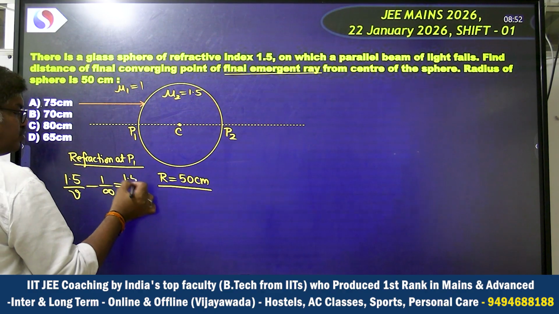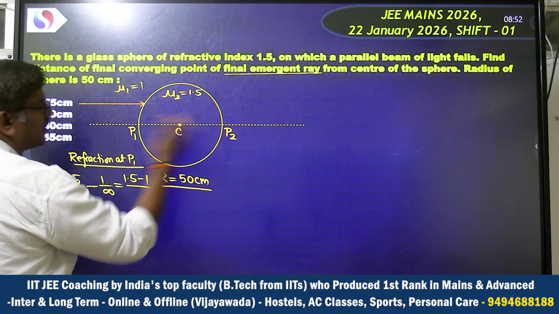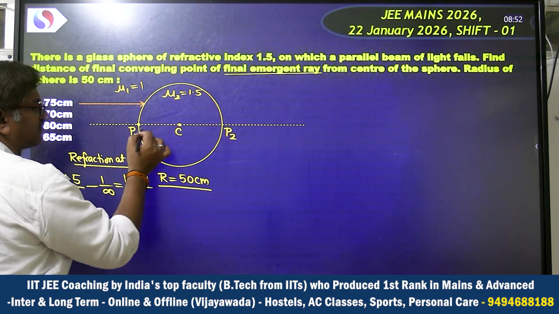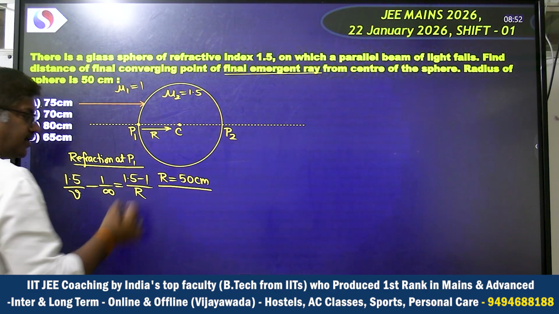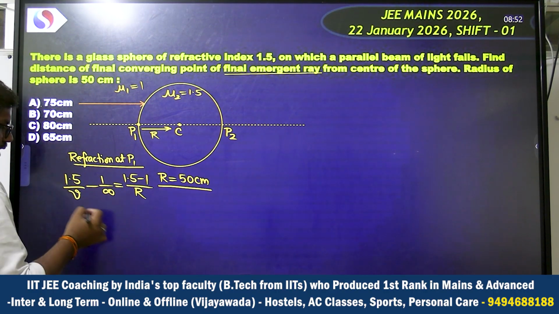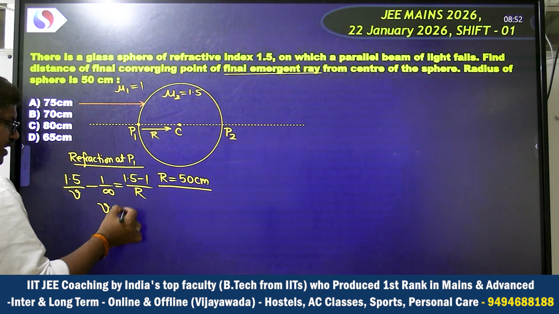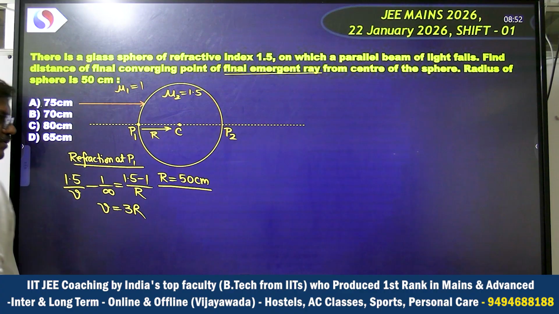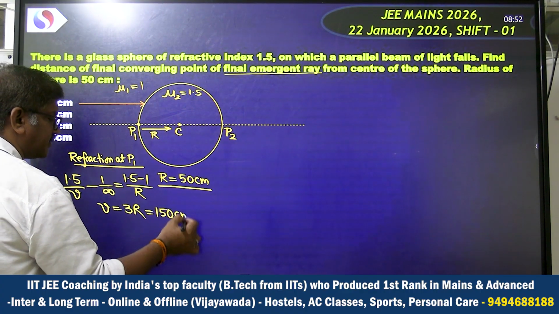According to the sign convention, for P1 the curvature will be considered as plus R, which is 50, and we can solve this. We get V equals 3R, which is 150 centimeter.